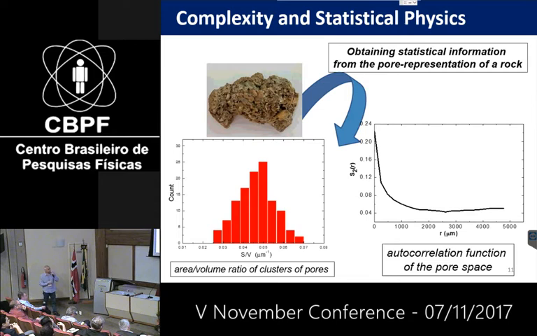What is interesting here is that there is some theoretical model in which you can try to put a correlation between an important petrophysical property, like, for example, permeability, as a function of this kind of autocorrelation function. Usually, this function is identified in the literature as the two-point function.